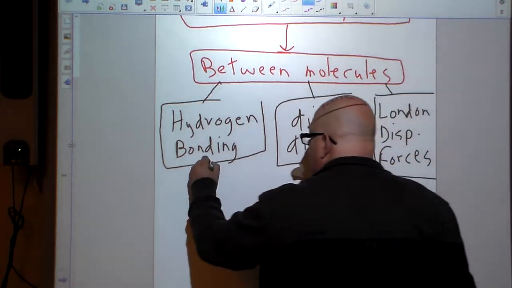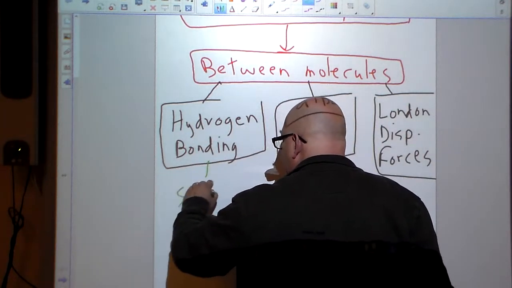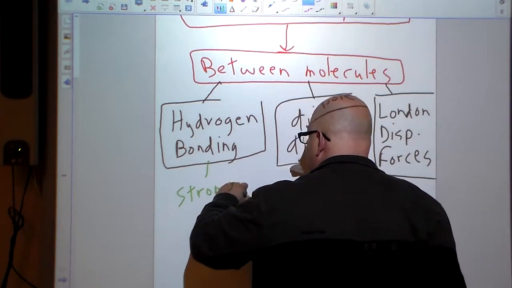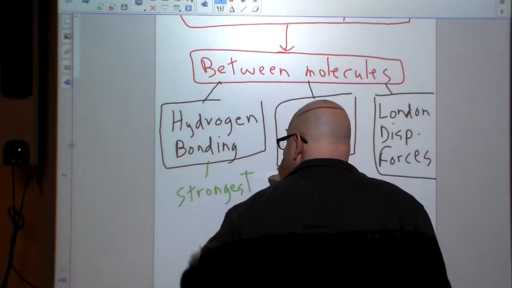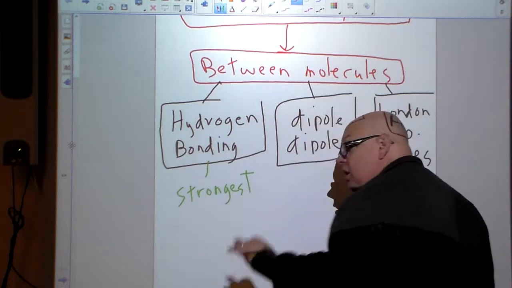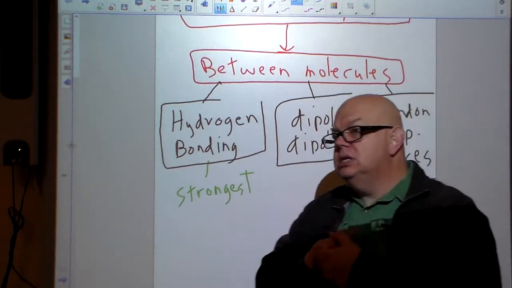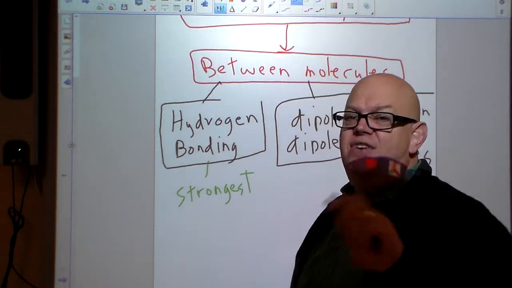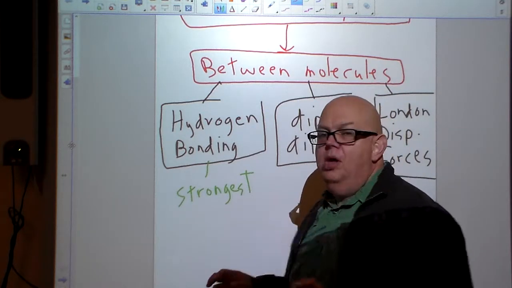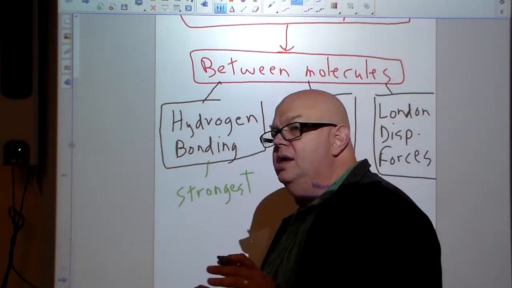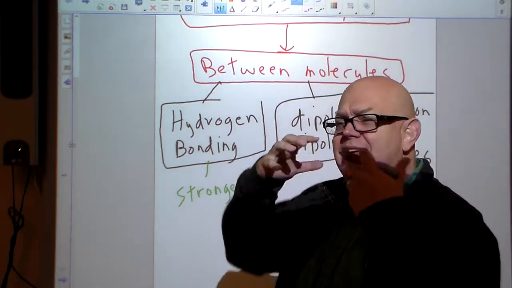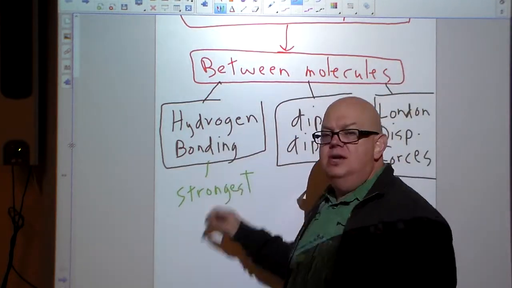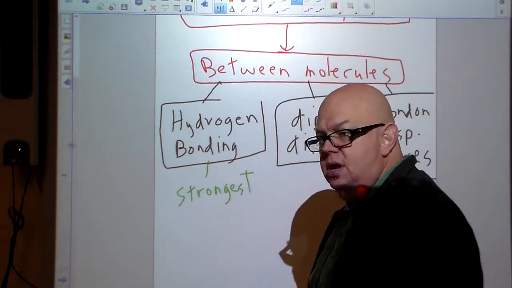So hydrogen bonding, absolutely the strongest of them all. However, it is not stronger than what's going on inside a molecule. That's very different. Covalent bonding, polar covalent bonding, those are stronger in between atoms. It's like family. Whereas hydrogen bonding, think of it as best friends.